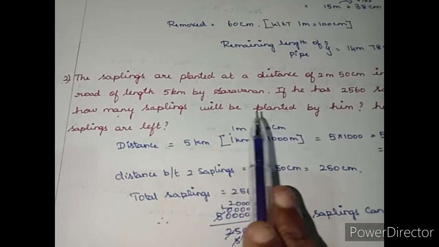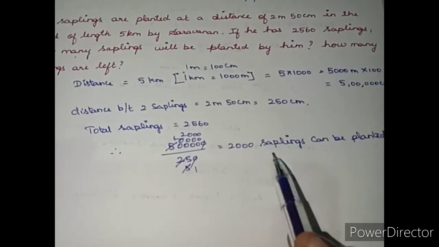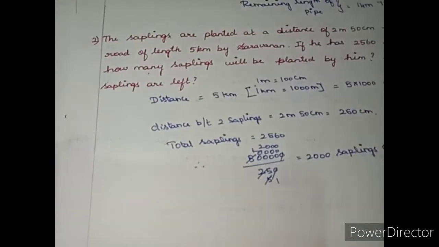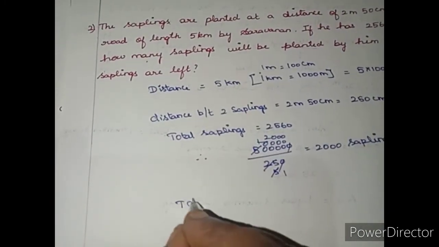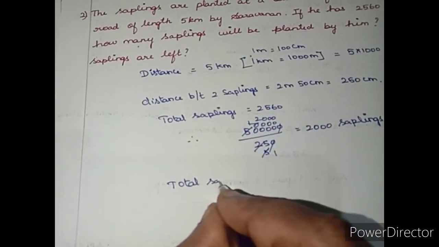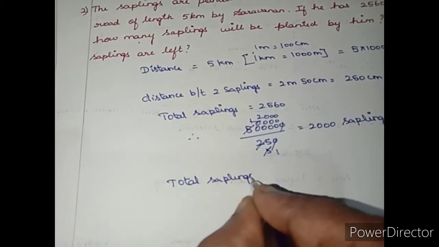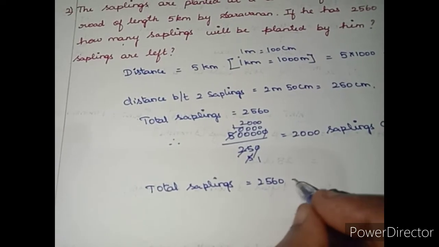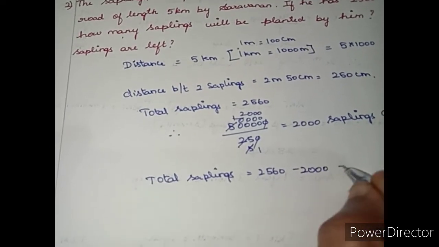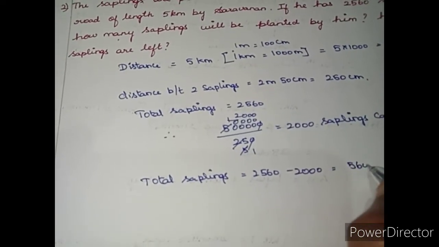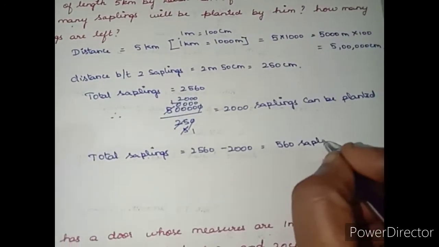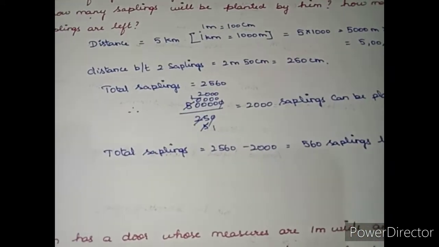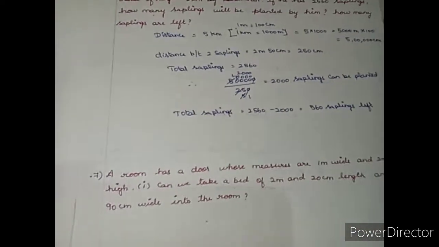How many saplings will be planted? 2000 saplings will be planted. How many saplings will be left? Total saplings is 2560, right? Minus 2000, that is 560 saplings will be left. Understood? So next question.